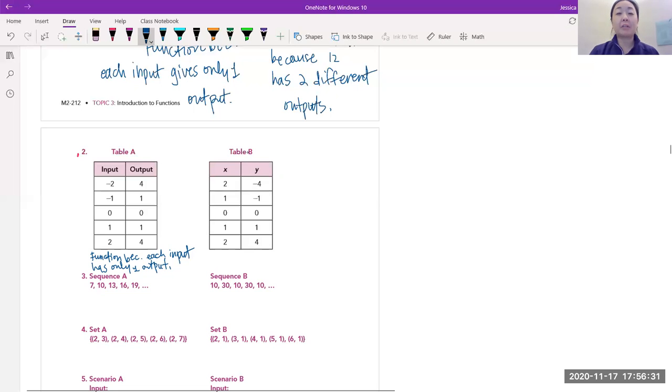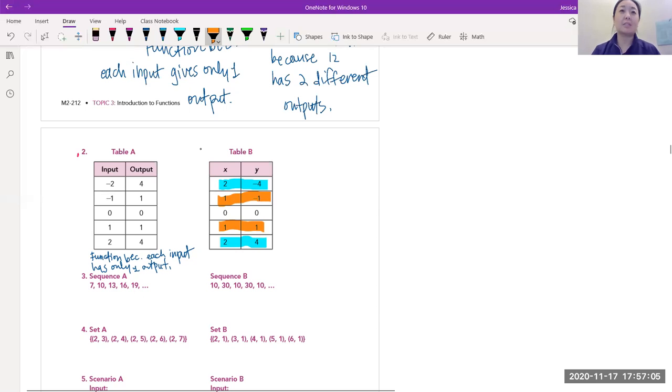Okay, then we're going to take a look at table B, and I do have some repeats here, and repeats are fine as long as they lead to the same output, right? I have 2 2s right here. Oh, but here's the problem. One time I put in a 2 and I get a -4. Another time I put in a 2, I get a +4. That's different, so that's not going to work out. Even with that, I don't have to look any further, but just in case, if you look right here, we put in a 1 one time and you get a -1, and another time you get a +1, right?